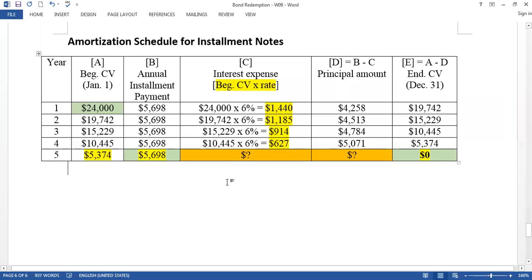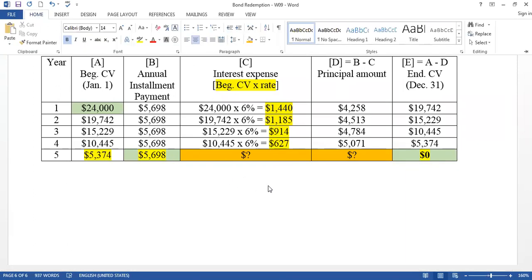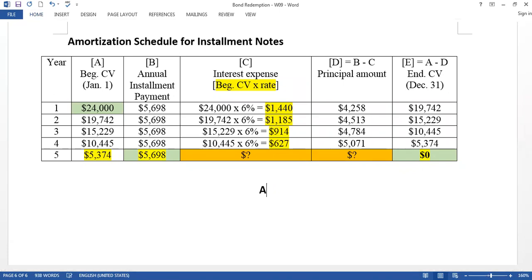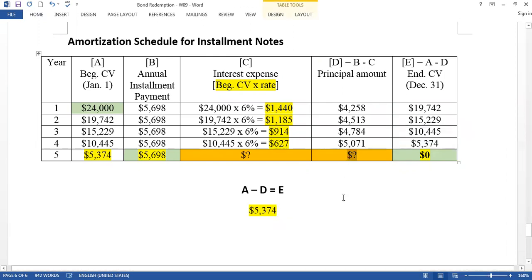Look at the formula. The formula is A minus D equal E, right? So what is the A here? A here is this amount. We don't know D, right? D is the question mark.